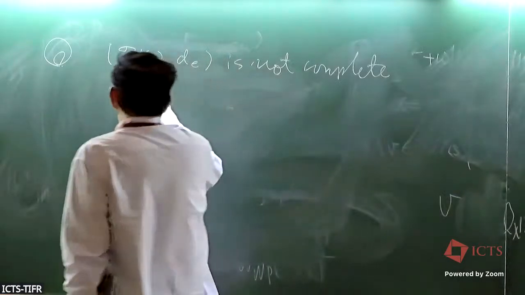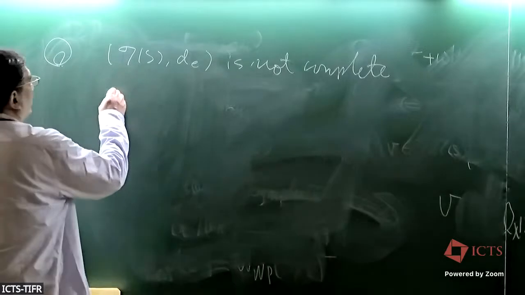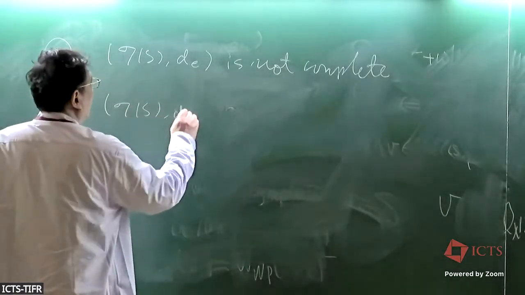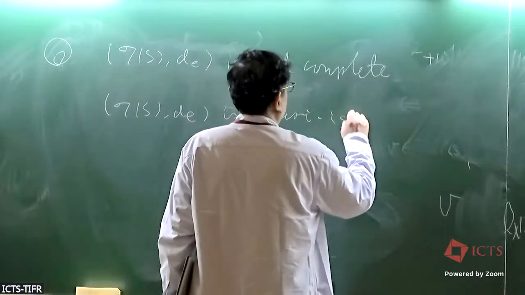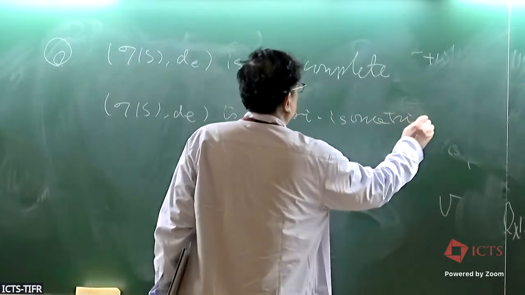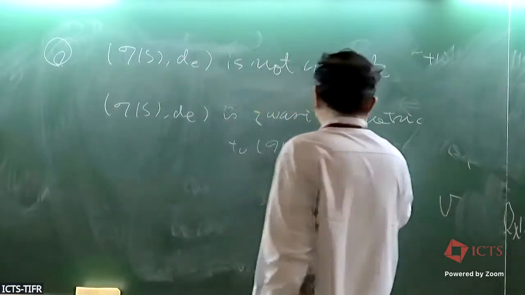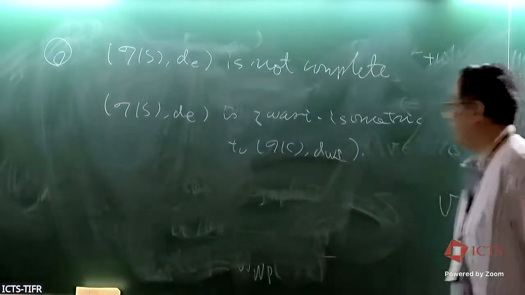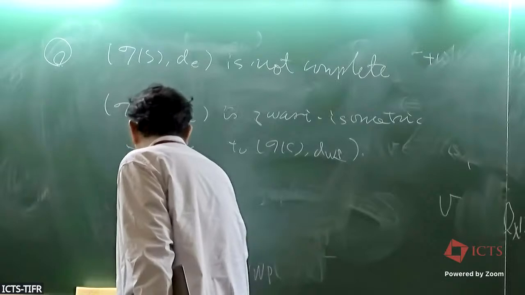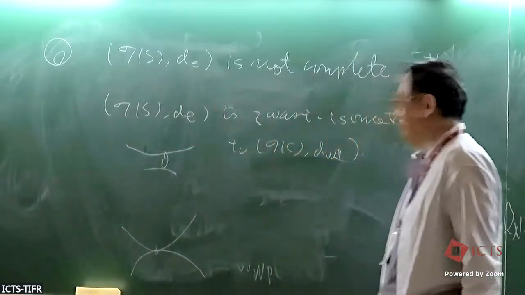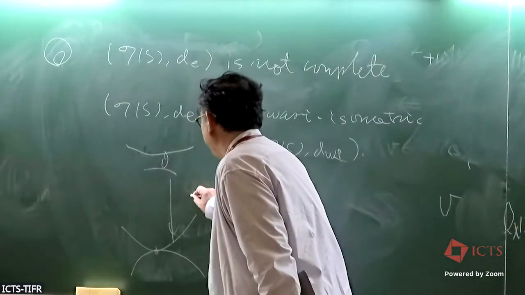And actually, it's very similar to the Weil-Petersson metric. This is quasi-isometric to the Weil-Petersson. In particular, if you try to pinch this one to this kind of stable curve, then we can do that in a finite distance.